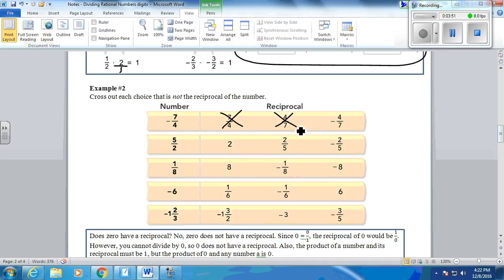Then just double check, is 7/4 and 4/7, they appear to be reciprocals. So it tells you to cross out each choice, but I'm also going to go through and circle it just for finality there. So please pause the video and have the students work on the remaining questions.